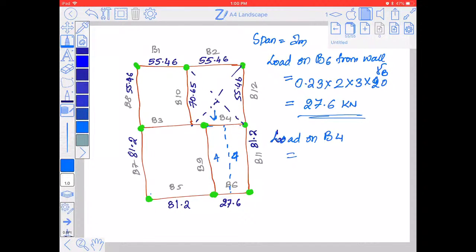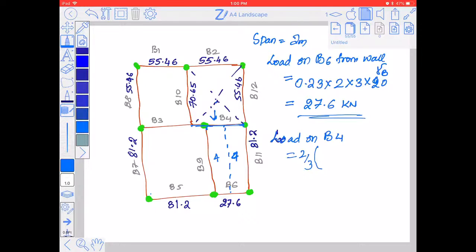The span of this total beam is 3 meter, whereas B4 is only 2 meter. So I'll write 2 by 3. The total length of the beam which carries the load of this panel is 3 meter, so that's why I am writing 2 by 3.